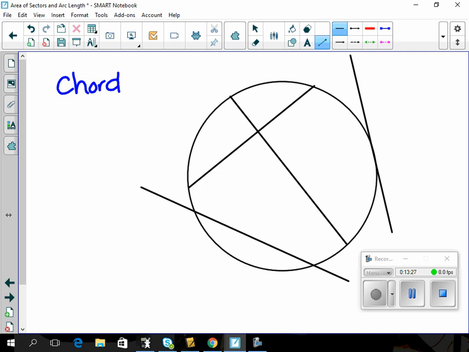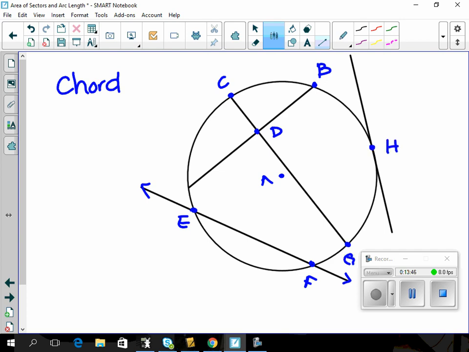I'm going to label all of these points, and you're going to tell me what they are. I want everyone to look at the board. Based on what we just did in terms of the vocabulary, name a chord on my picture up here.